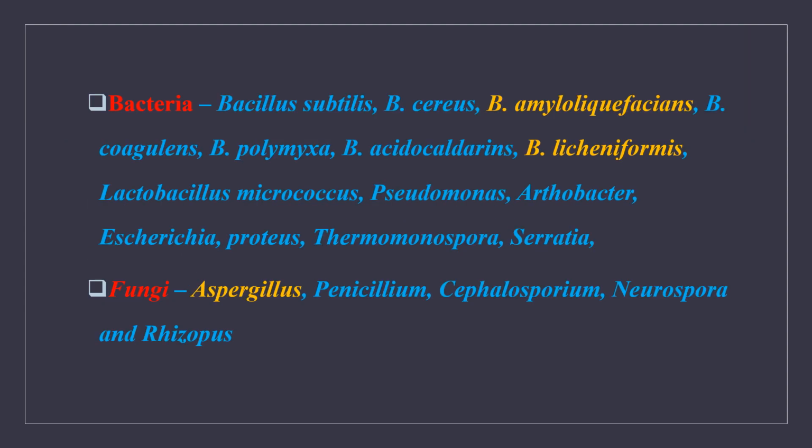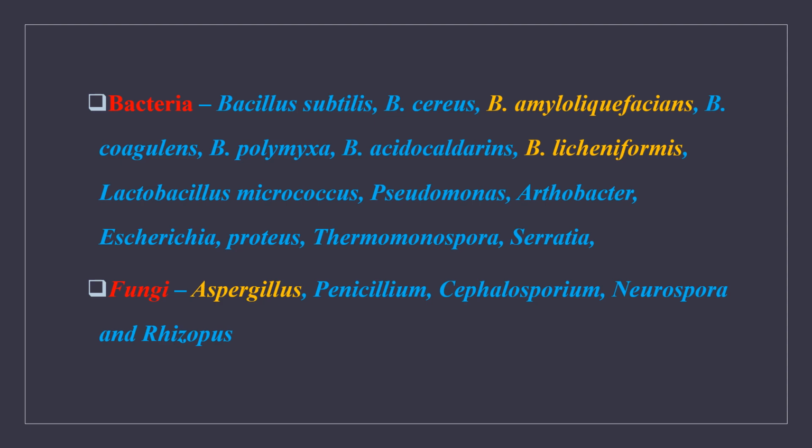The bacteria involved in amylase production are Bacillus subtilis, Bacillus cereus, Bacillus amyloliquefaciens, Bacillus coagulans, Bacillus polymyxa, Bacillus acidocaldarius, Bacillus licheniformis, Lactobacillus, Micrococcus, Pseudomonas, Arthrobacter, Escherichia, Proteus, Thermomonospora and Serratia. The fungi involved in alpha amylase production are Aspergillus, Penicillium, Cephalosporium, Neurospora and Rhizopus.